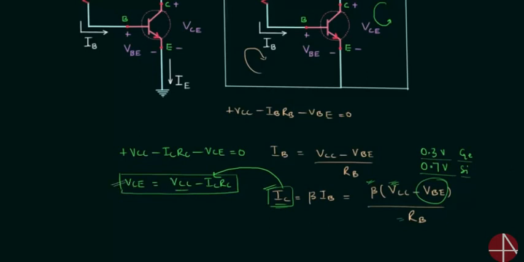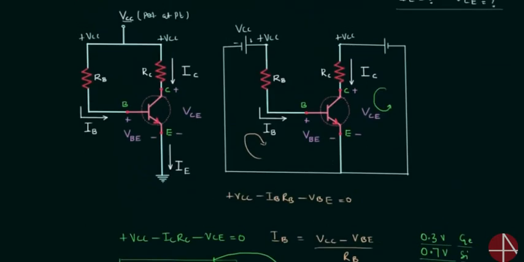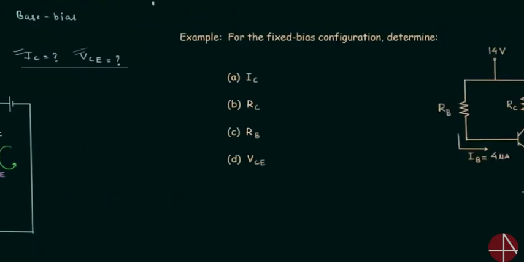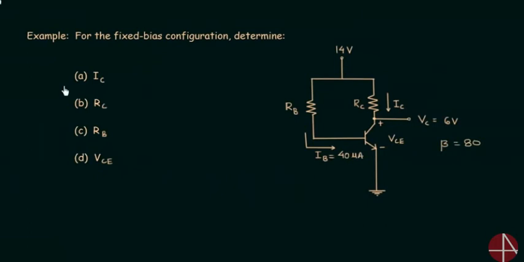I hope this configuration is clear to you. Now we will solve one example. In this example, we need to calculate the output current IC, resistance RC, resistance RB, and the output voltage VCE for the fixed bias configuration. In this circuit, you can see VCC, the biasing potential, is equal to 14 volts.